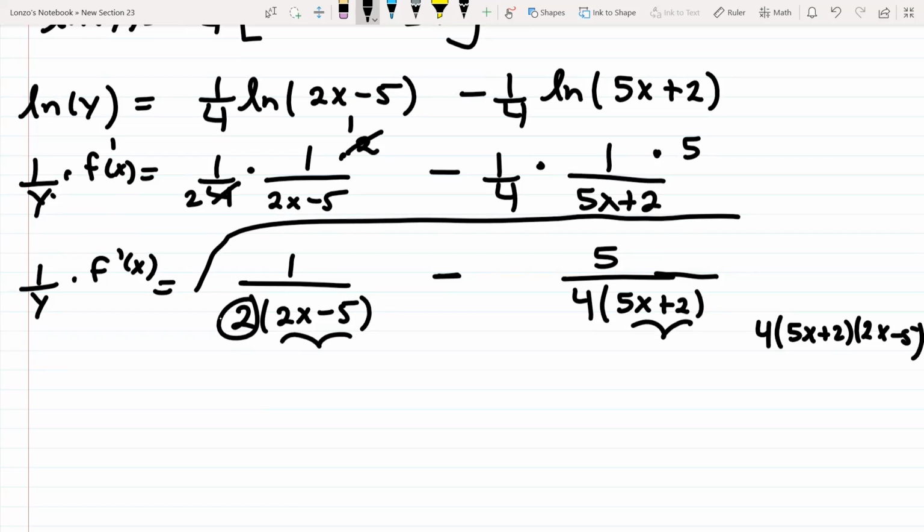So over here, what are we missing? We're missing a 2, so we're going to multiply top and bottom by 2. We're also missing a 5x plus 2. Over here, we have a 4 and we have a 5x plus 2, so we only need a 2x minus 5.